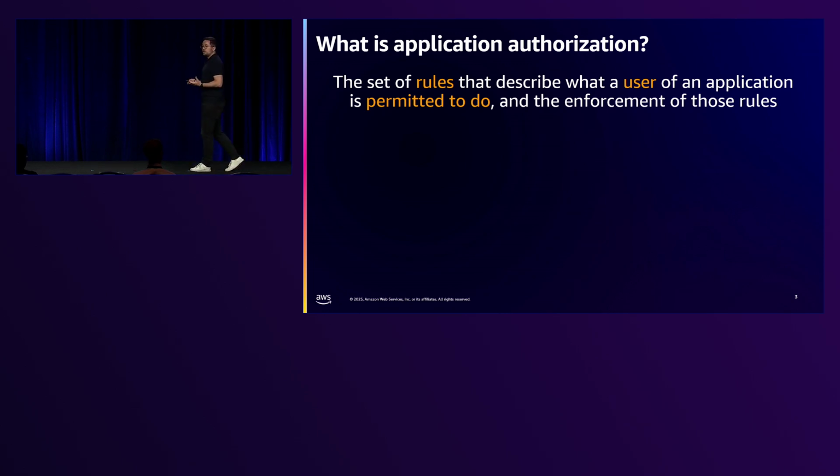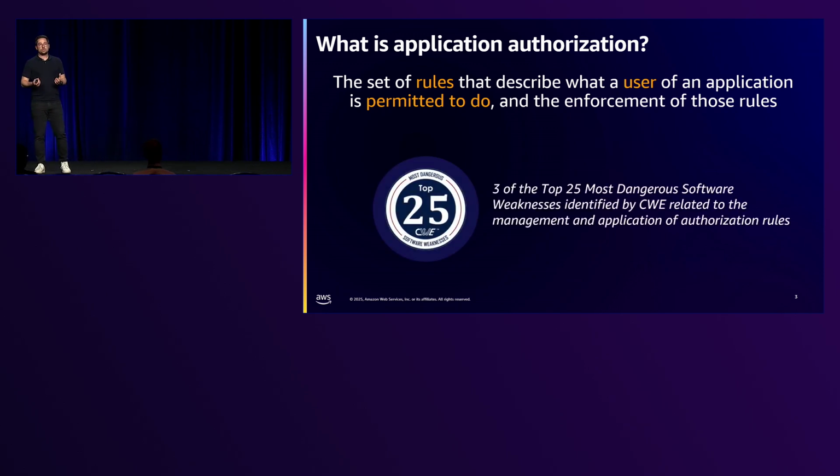And it's important to get this correct, because you don't want some user to do some action that is not intended. And there's also a list of the top 25 most dangerous weaknesses in software identified by CWE, and 3 out of those 25 are related to the management and to the application of authorization rules. So it's really something that we need to take seriously and that we need to consider.